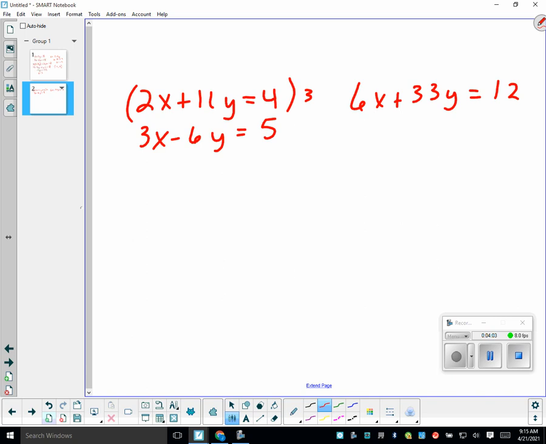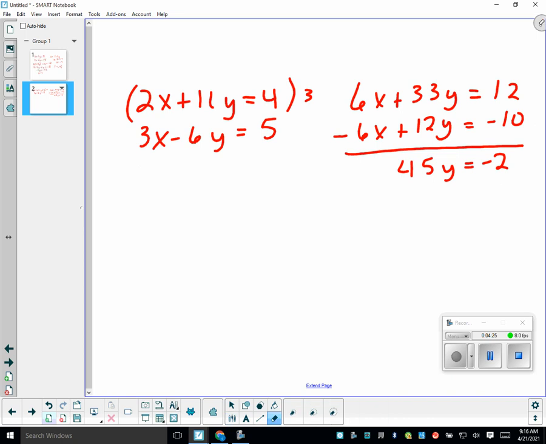You all agree negative 2? So negative 6x plus 12y equals negative 10, right? 45y equals, should be positive 2. Yeah.